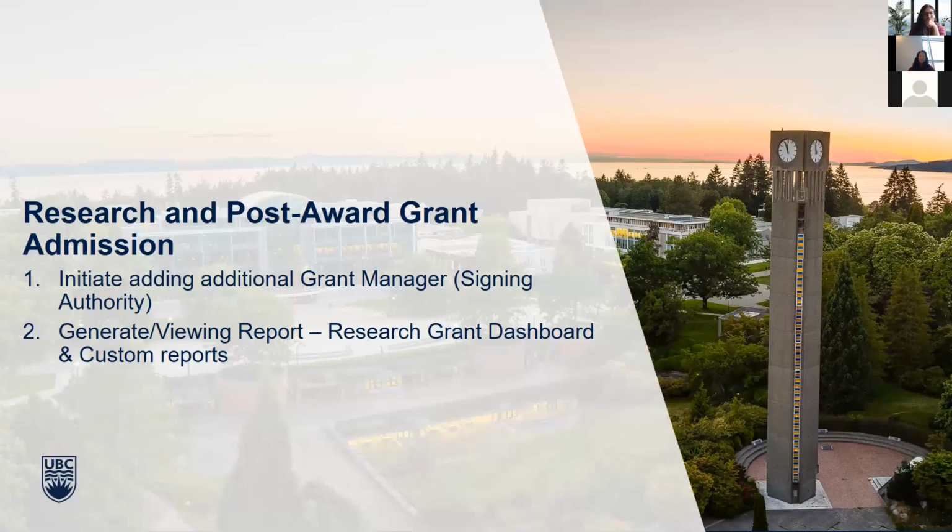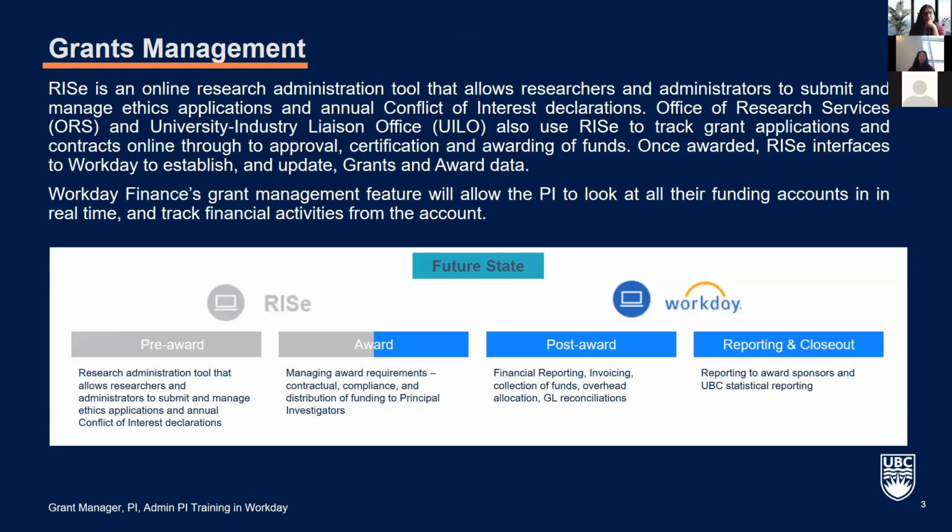So it's to talk about more about the research and post-award grant administration. Okay, so here, I think Marilee was going to cover some of this, but since there's construction happening all around her, she won't be able to cover it.